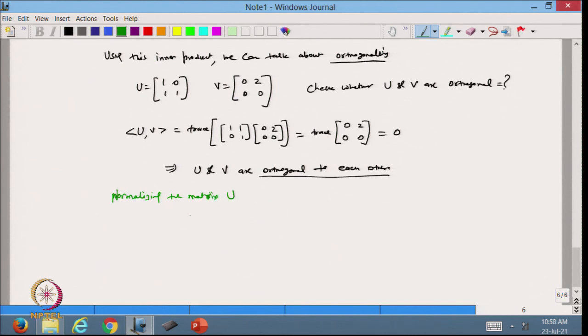The normalized matrix will be equal to U divided by its norm, or its length.